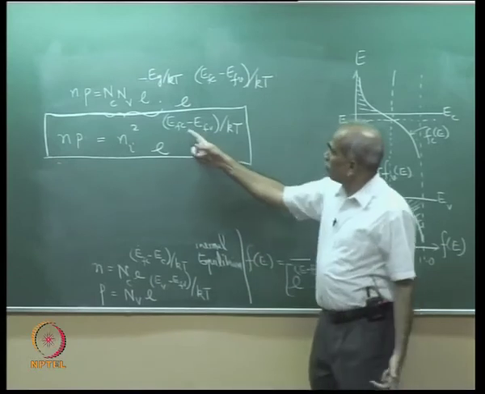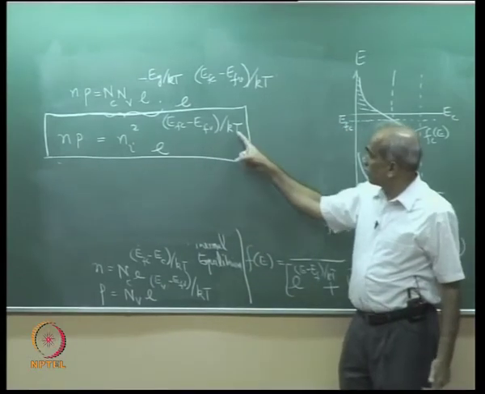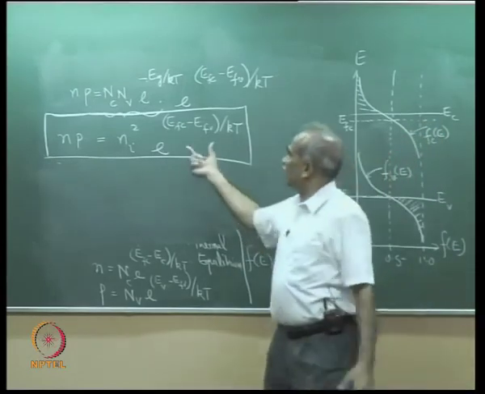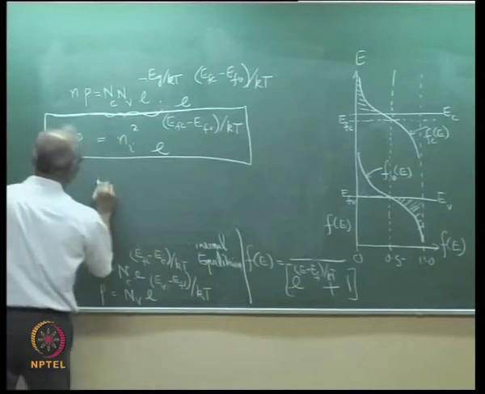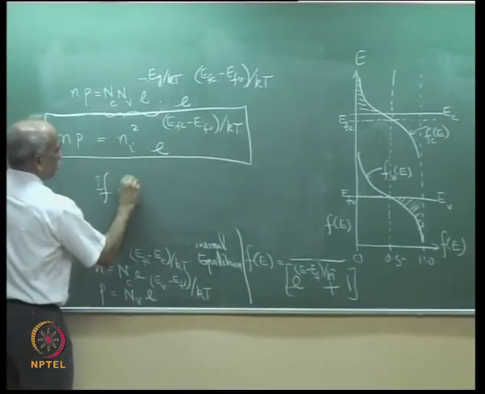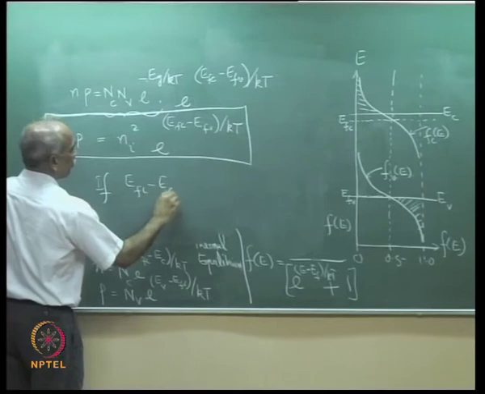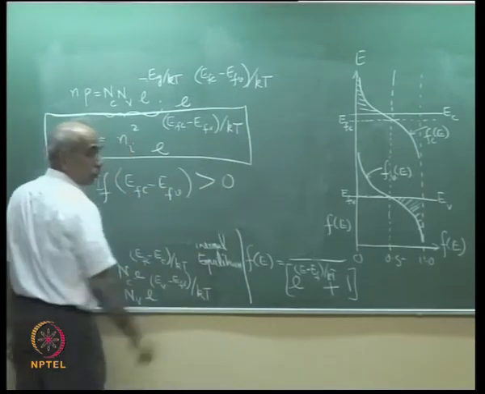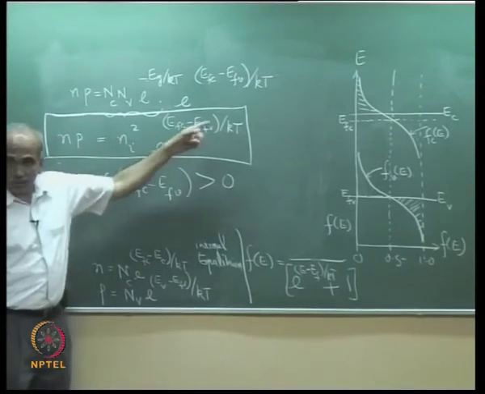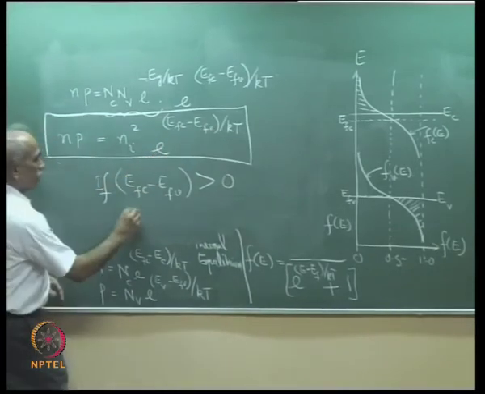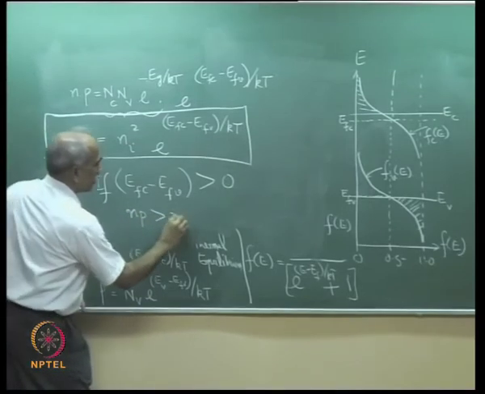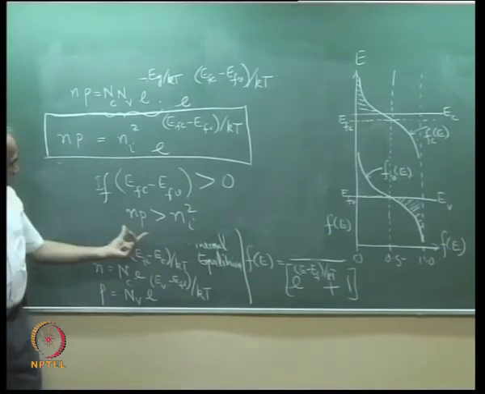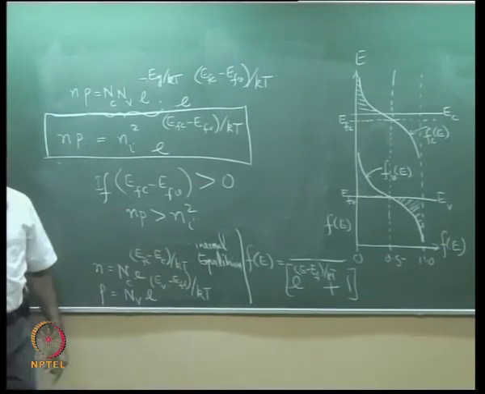In quasi equilibrium, we have two Fermi functions, and I mentioned that it is the difference between these. Therefore, if EFC minus EFV is greater than 0, then NP is greater than Ni square. The product of carriers is greater than Ni square.